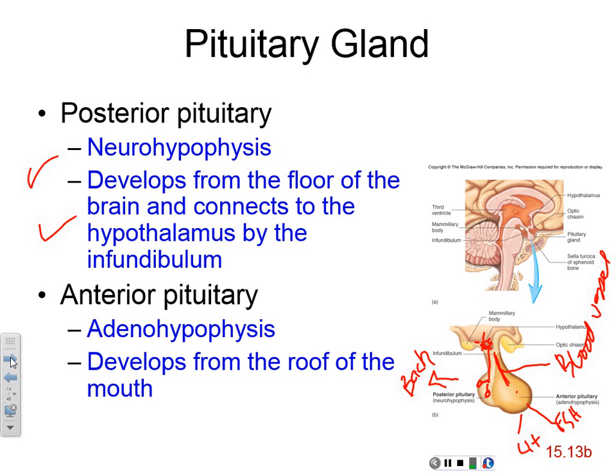Okay. So the anterior pituitary is called the adenohypophysis because it's controlled by the hormones that travel through blood. The posterior pituitary is controlled by action potentials that travel on the axons.